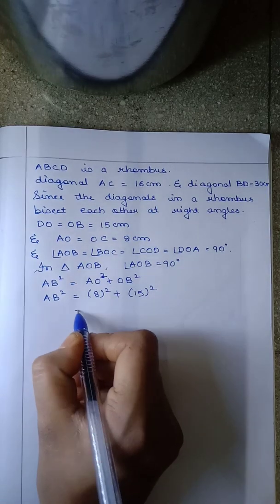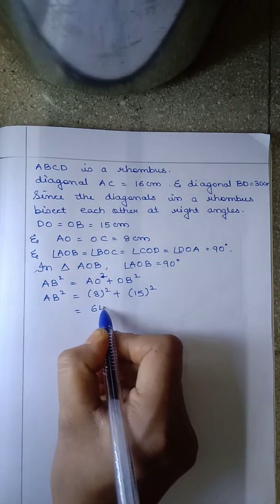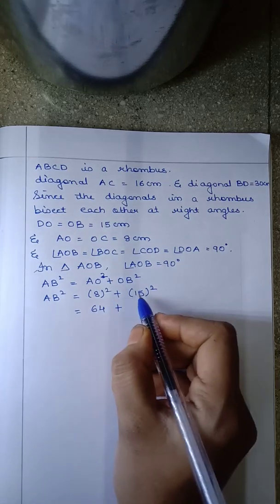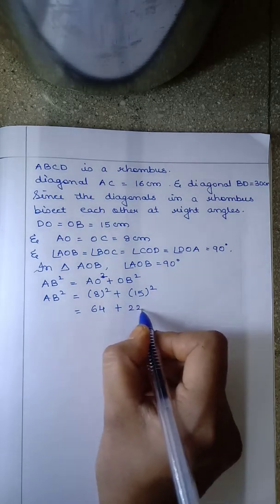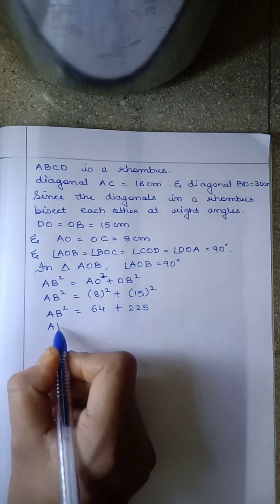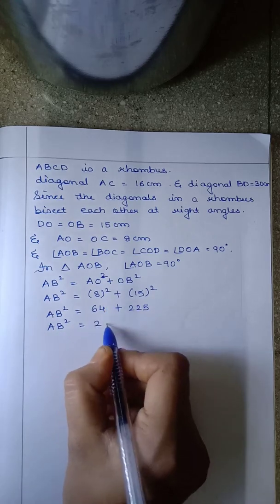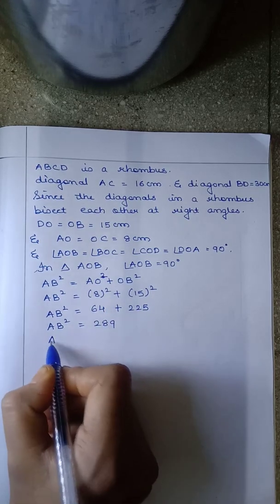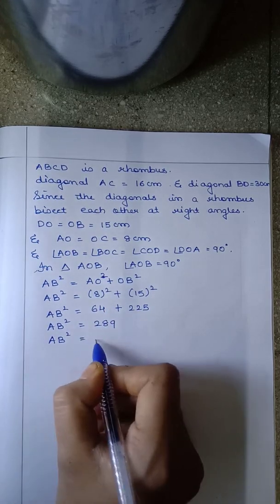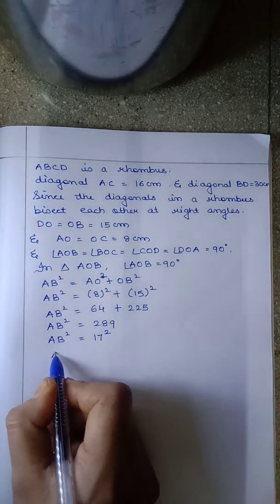Now find the squares. 8 square is nothing but, children, 64, and 15 square is nothing but 225. Now add these two. If you add 64 plus 225, you will get 289. Which number's square is 289, children? 17 square. 17 into 17 is 289.